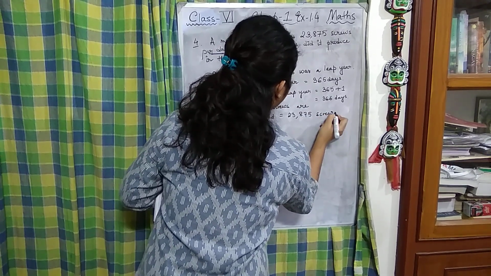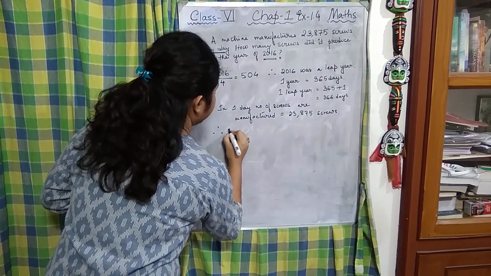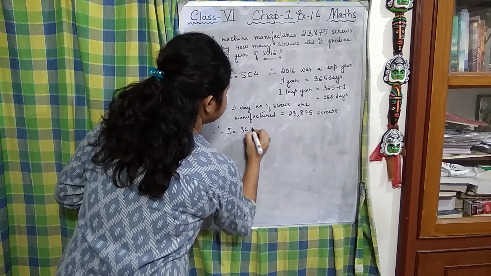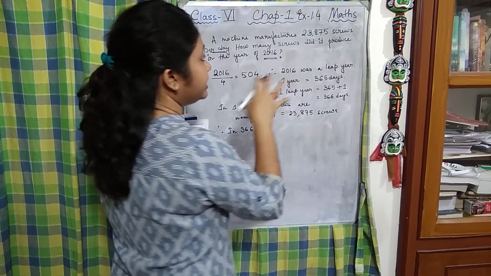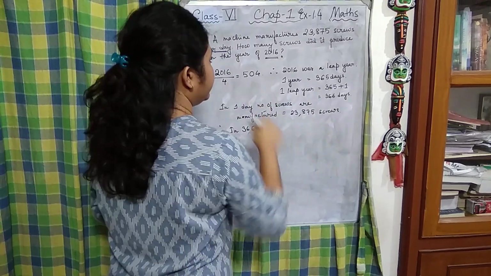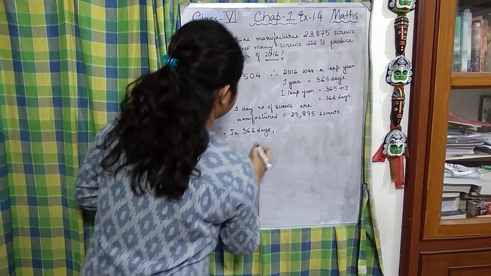I write it down. Okay. So therefore in 366 days, as it is said that the machine didn't stop working for 1 day in that year, how many screws will be produced?